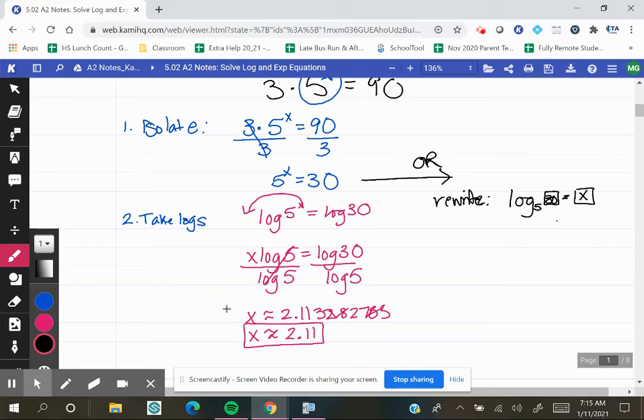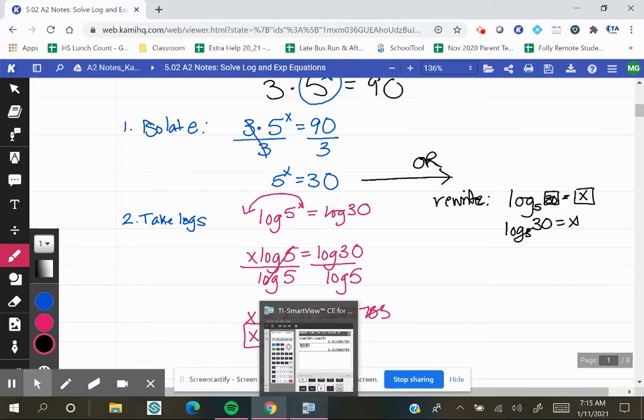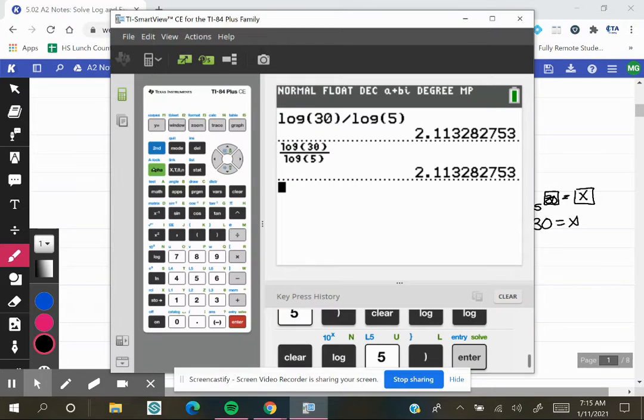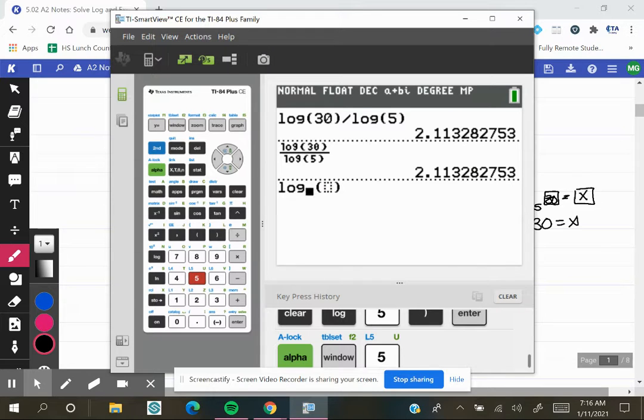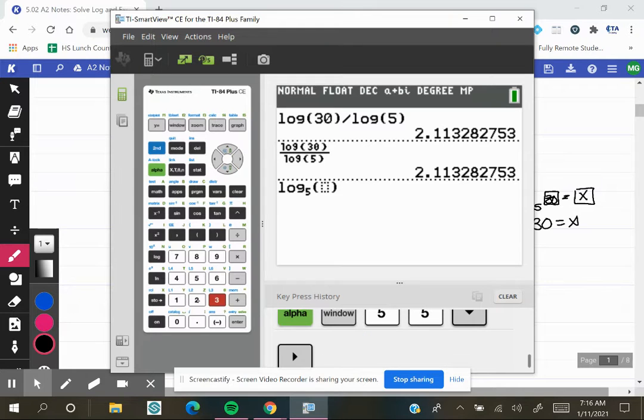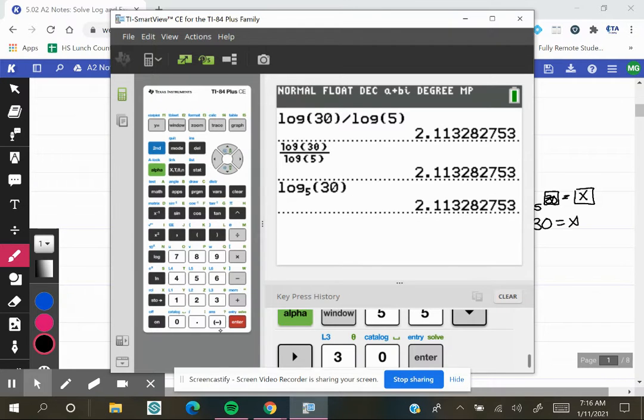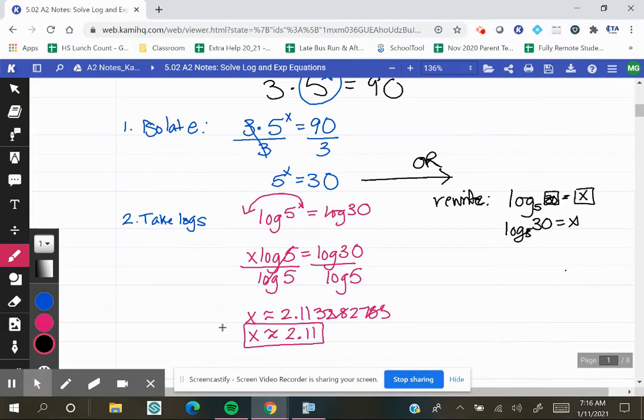Okay, so when you rewrote that as log base 5 of 30, why that helps you is that now these newer calculators that we have, which wasn't the case a few years ago, now we can go to your alpha window, choice 5, and type in log base 5 of 30, and we get the exact same answer.